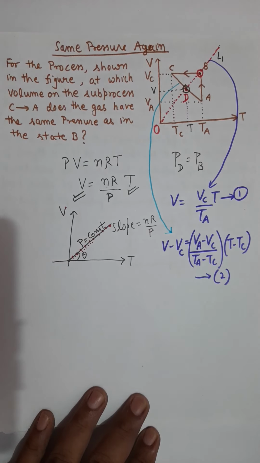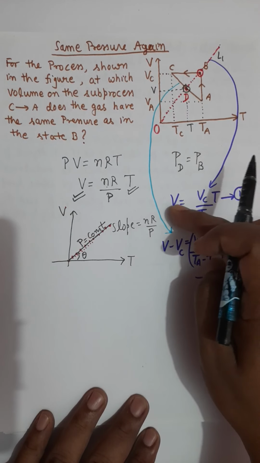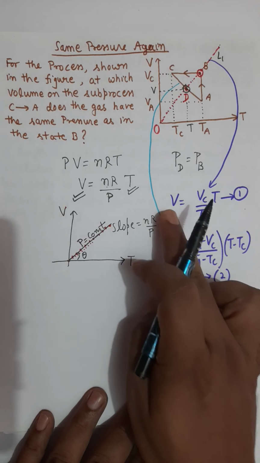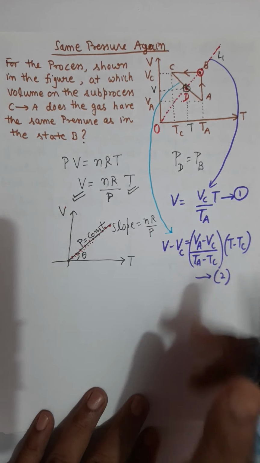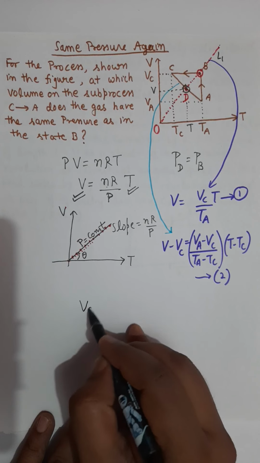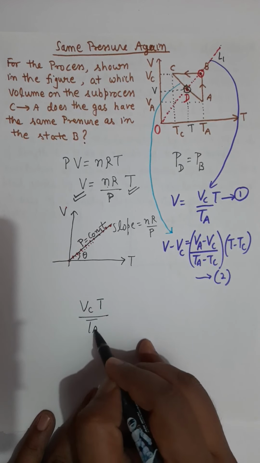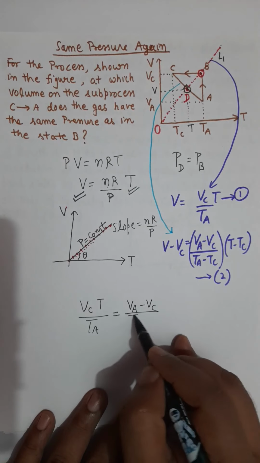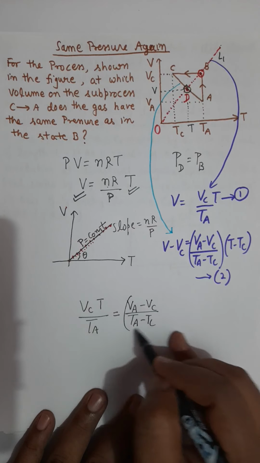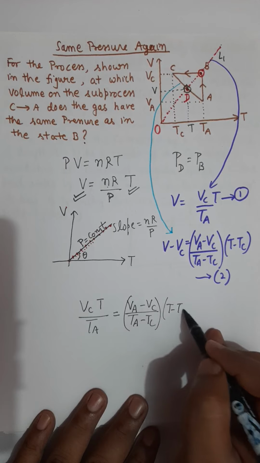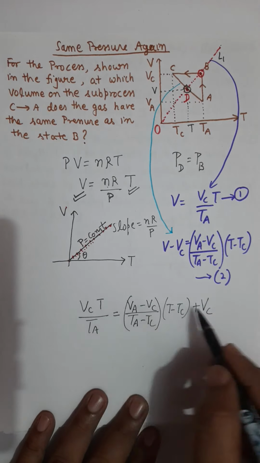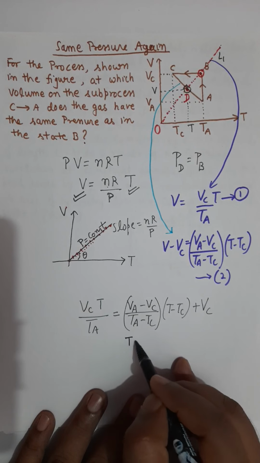So we will equate both values of V. Vc times capital T over Ta from the first equation, and from the second equation (Va minus Vc) upon (Ta minus Tc) times (T minus Tc) plus Vc. You will equate these two.